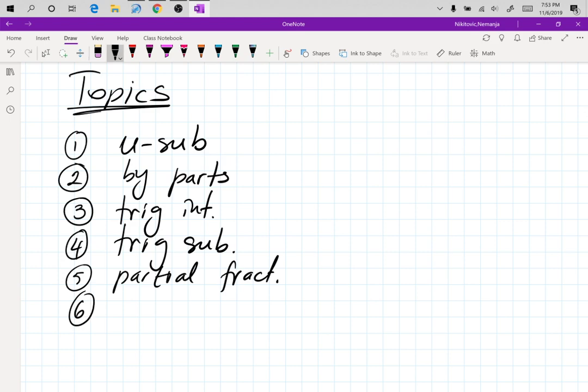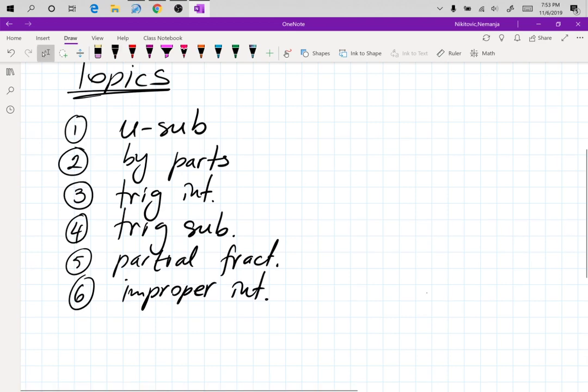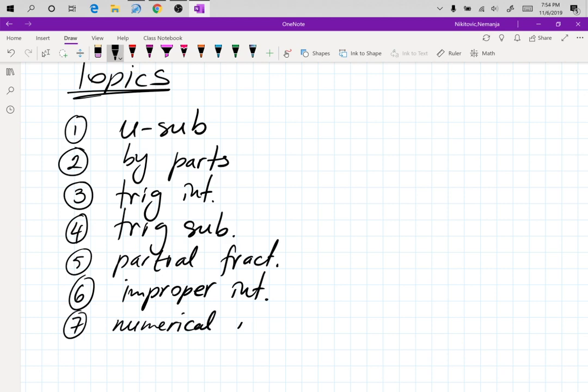then we have the improper, and we have numerical integration, and that one breaks into midpoint, trapezoid, and Simpson.